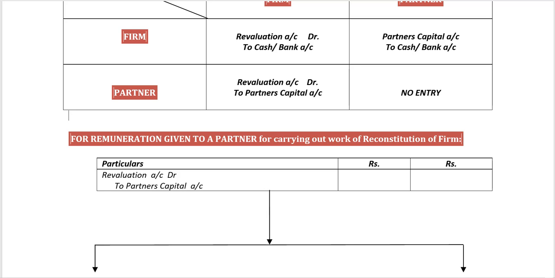Now, when a partner helps in the reconstitution of firm, the firm may decide to give remuneration to that specific partner. And for remuneration given to a partner for carrying out work on the reconstitution of the firm, the journal entry is revaluation account debit to partners' capital accounts.